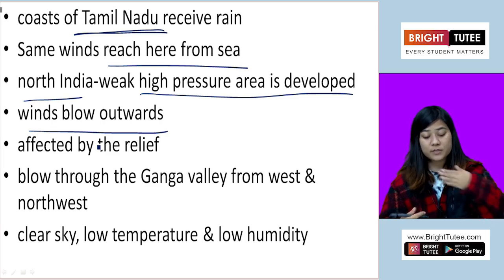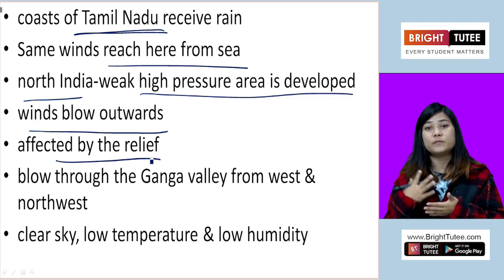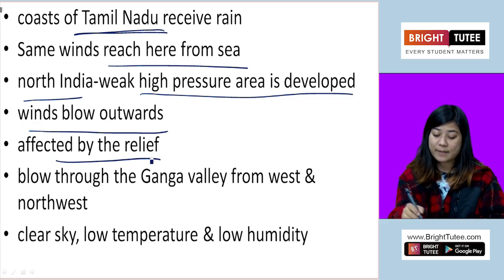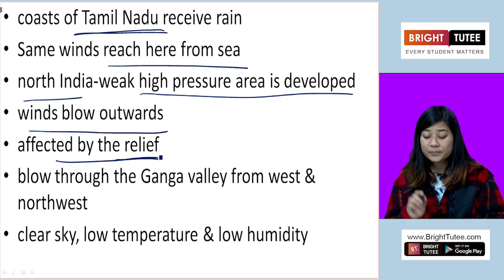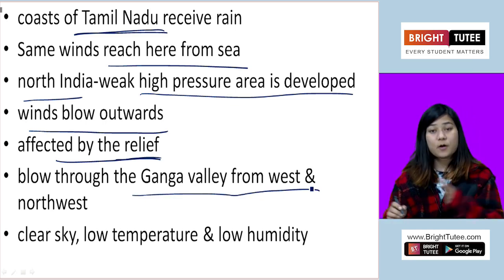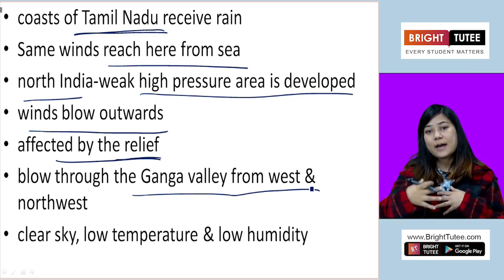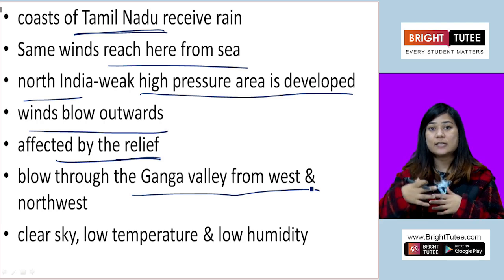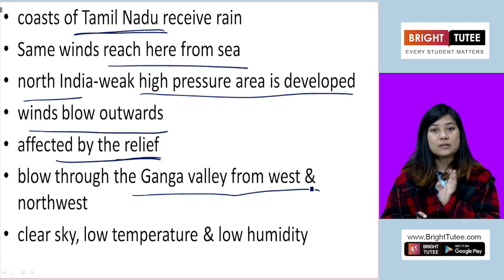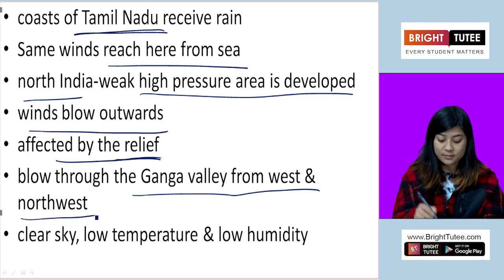So because of the relief, because the wind is obstructed, or because the movement of that wind is affected by the relief, the geographical feature, then again it blows through the Ganga Valley from the west and northwest. So it finds the Himalayas as a natural obstruction, and then it turns and moves towards the Ganga Valley in the west and then towards the northwest, okay.